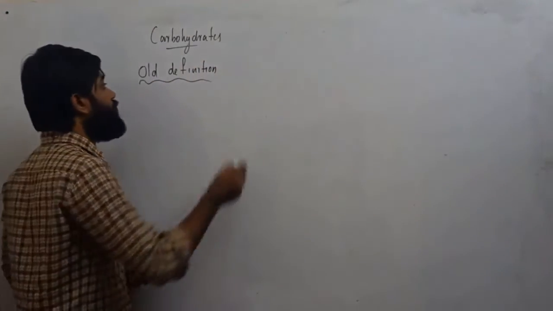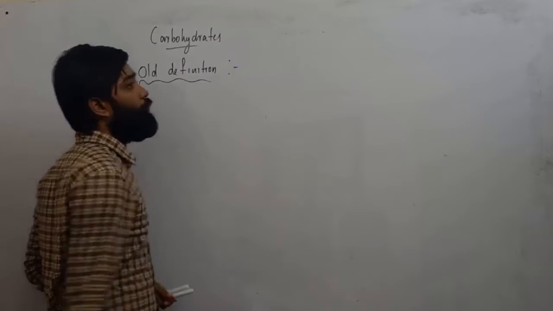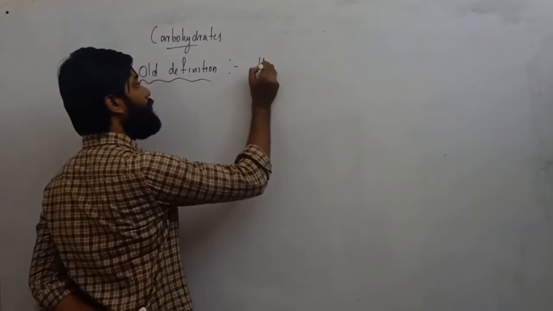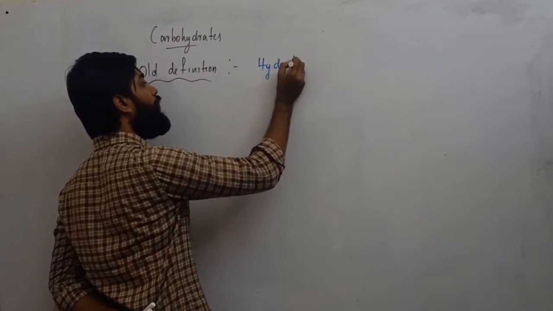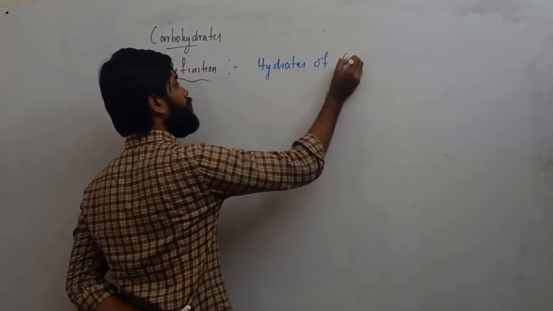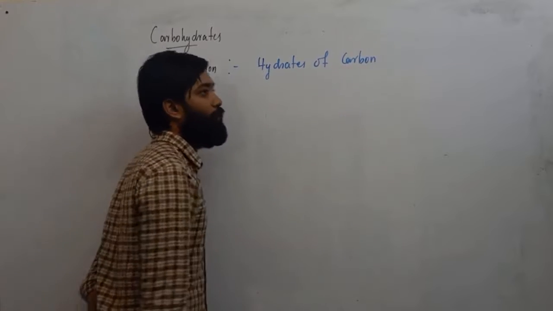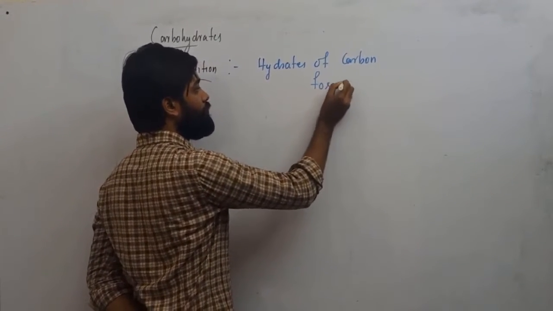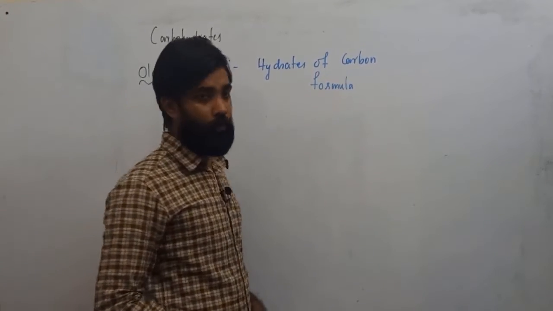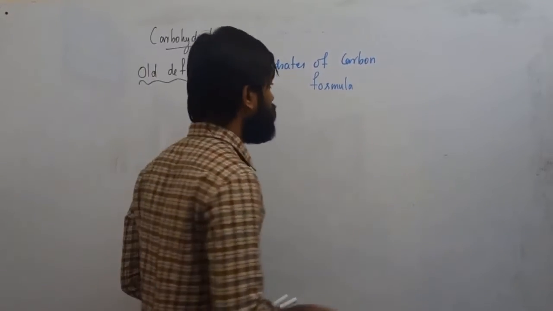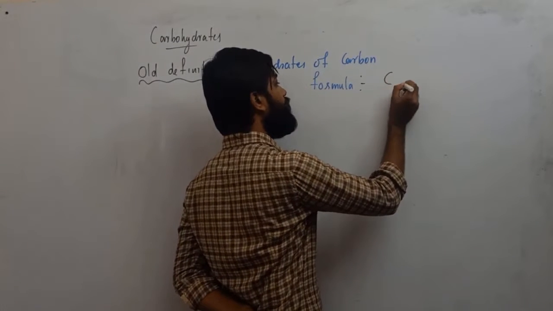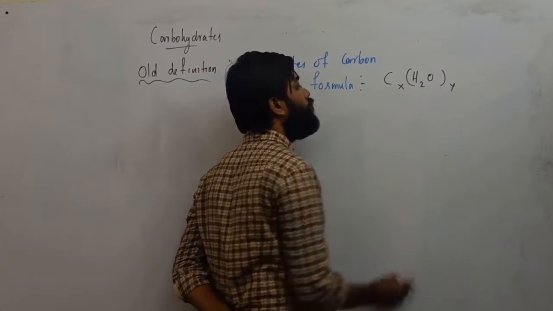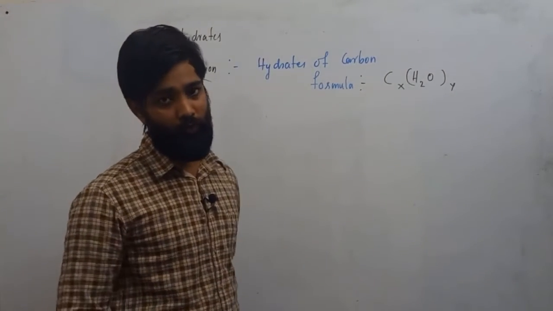The older definition is that carbohydrates are hydrates of carbon, with the formula Cx(H2O)y. Let the number of carbons be x, and it is hydrated by y molecules of H2O.